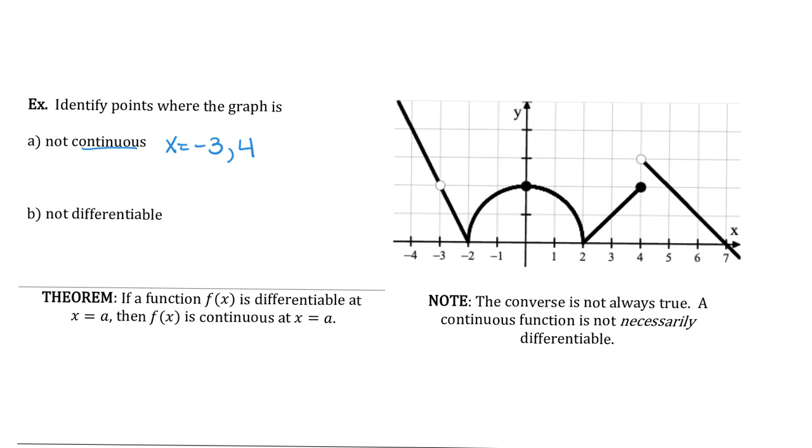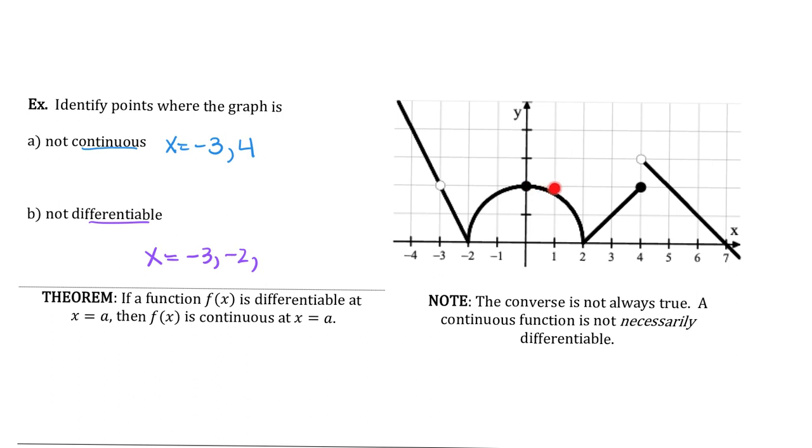Okay, now if it's not differentiable, there should be more points. Let me follow this graph and see where it is not differentiable. Since there's a hole, it is not differentiable. So all the not continuous points should be included in the not differentiable. Oh, right here, at x equals -2, there's a cusp. So it's not differentiable. It is continuous because I can draw without picking up my pencil.